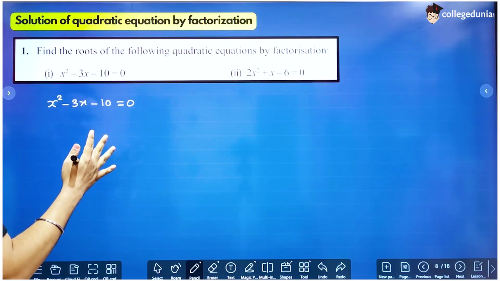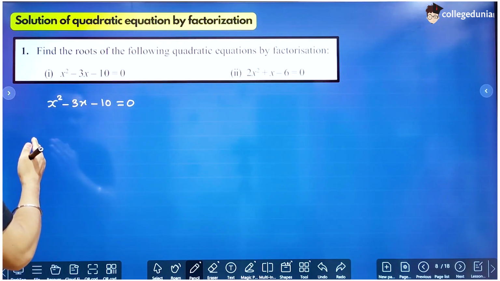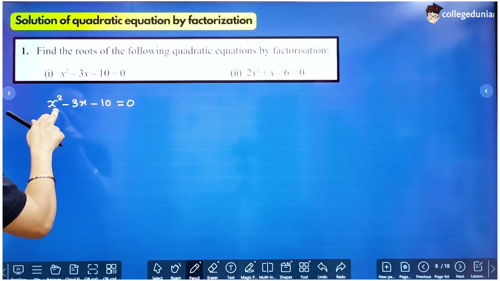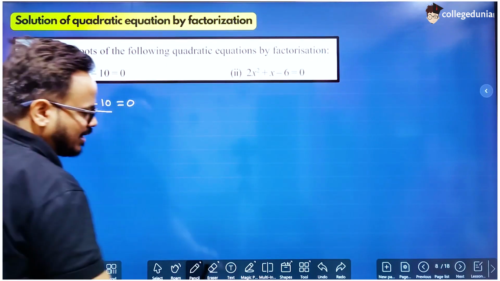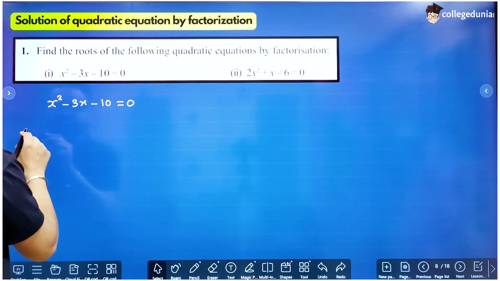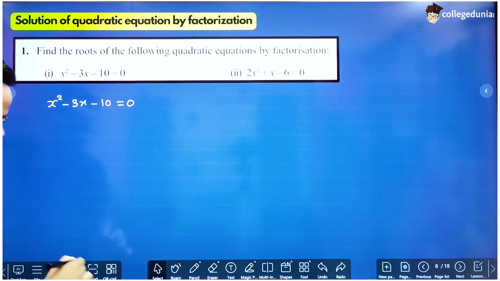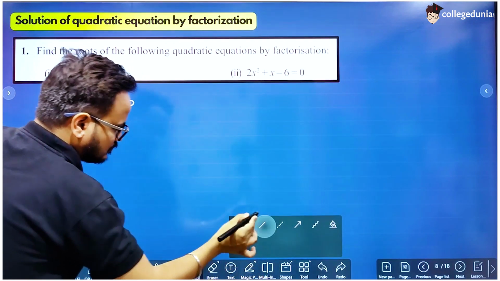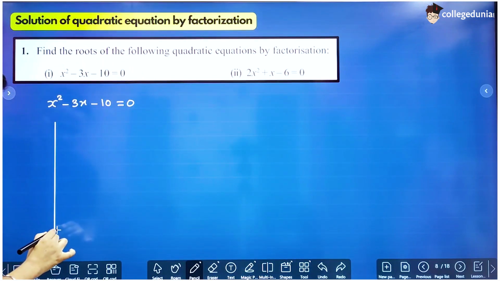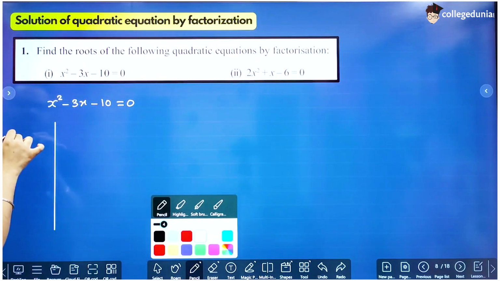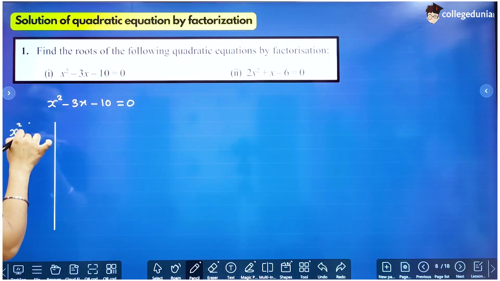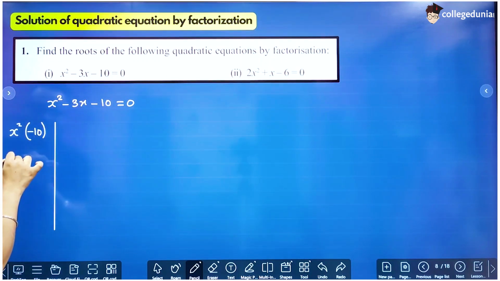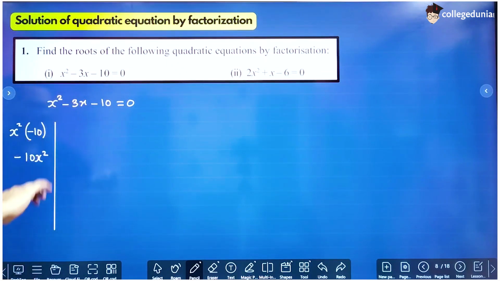So first you have to multiply the x square term and the constant term. If I multiply this term with this term, I am getting minus 10x square. So first you have to multiply the first and third term when the quadratic equation is written in the correct order, that is the form ax square plus bx plus c.